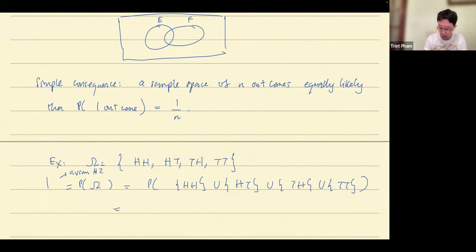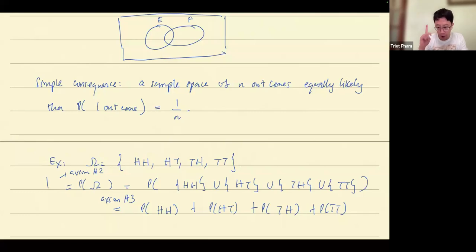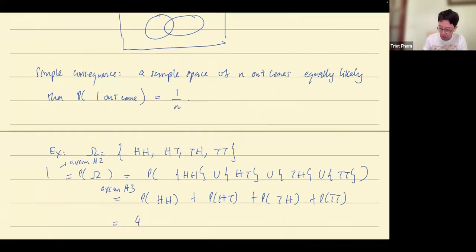So by axiom number 3, and now using the assumption that they're equally likely, that's the assumption, that's going to be 4 times, say, P of head, head. So this is the equally likely assumption. And then of course you divide by 4, you get that to be 1/4.